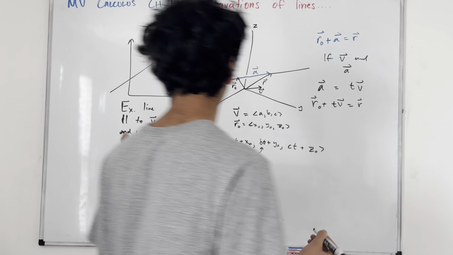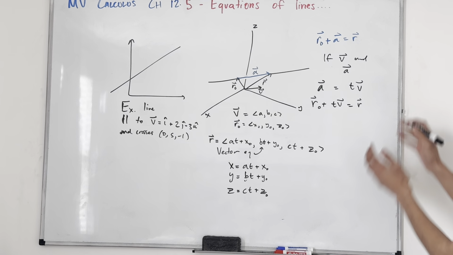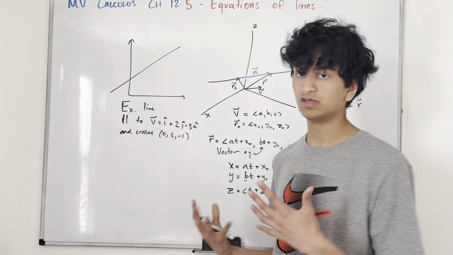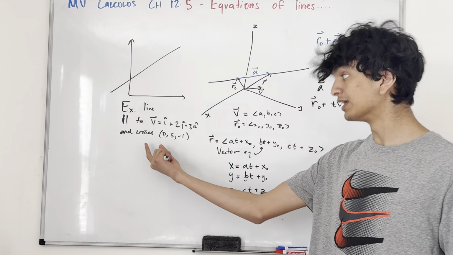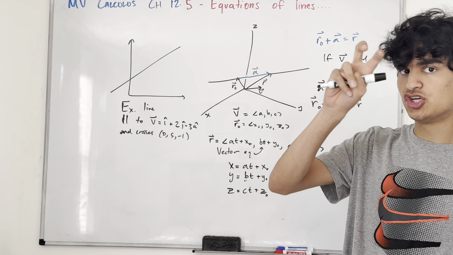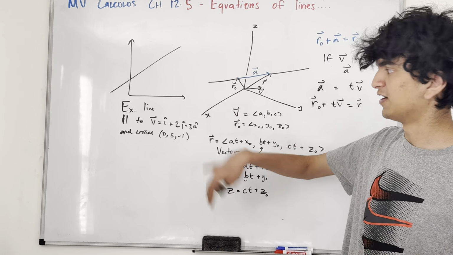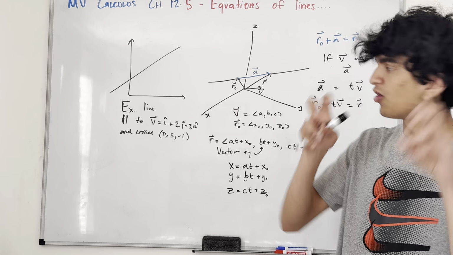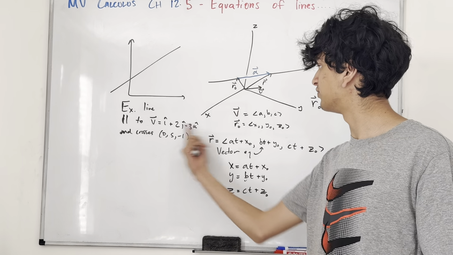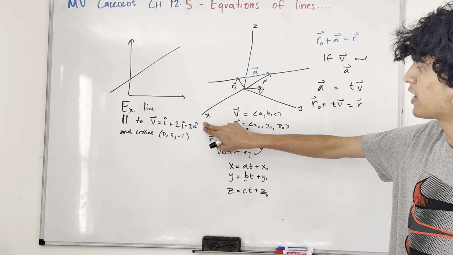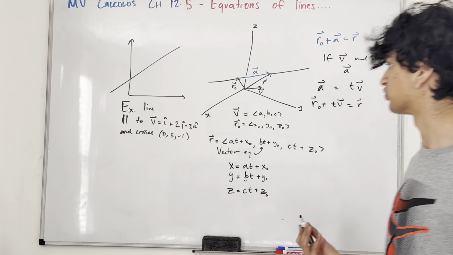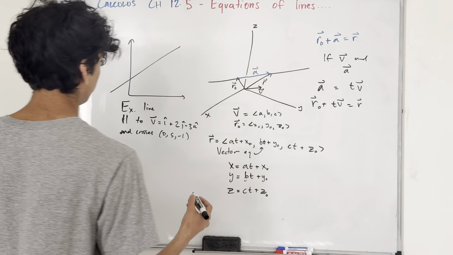So to get an equation for this line, I just use this formula. I know its initial x, y, and z is going to be given by (0, 5, -1). And I know the change in r, or the vector that is parallel to the line, is given by this. So this vector gives me direction, and this gives me a reference point: where is this going to initially cross?